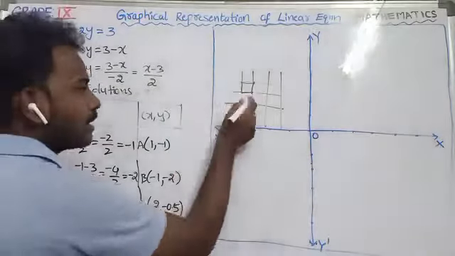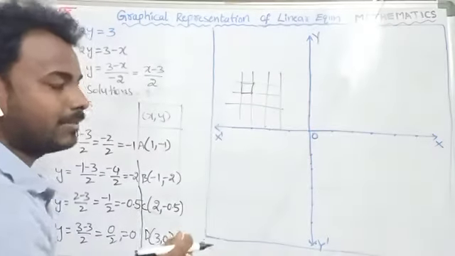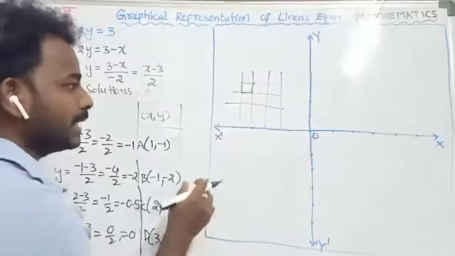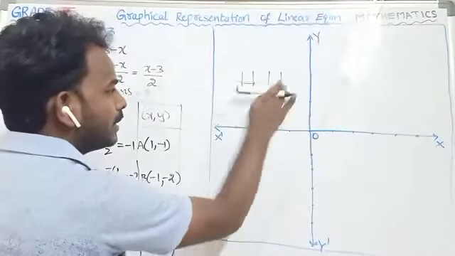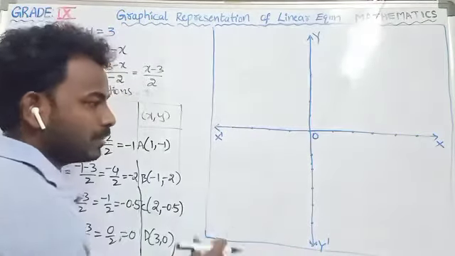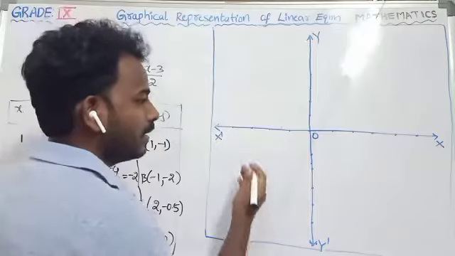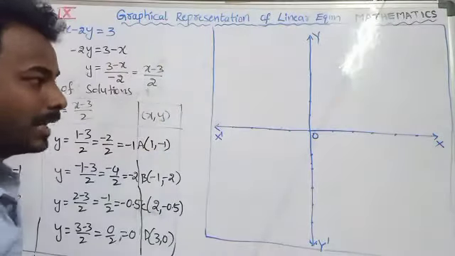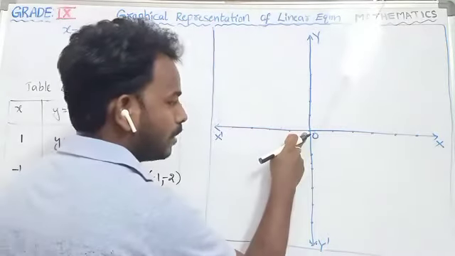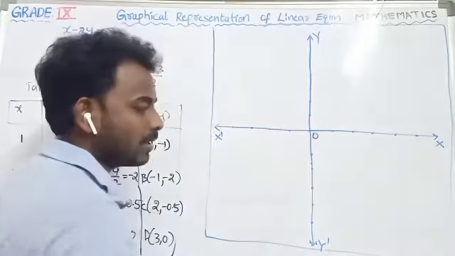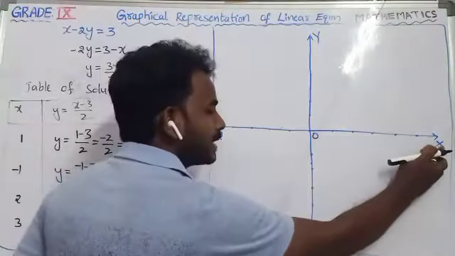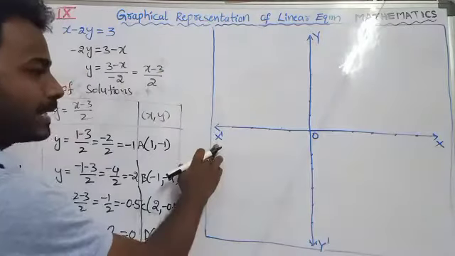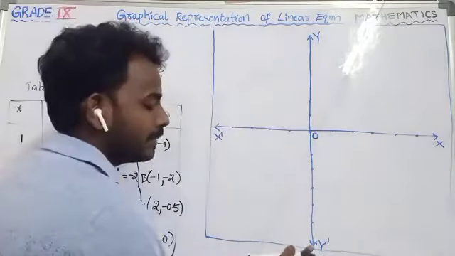Here I don't have these boxes, so I have just drawn x as a horizontal line and y as a vertical real number line, and the intersection point of those two axes is 0, that is the origin. These are X, X dash, Y, Y dash.